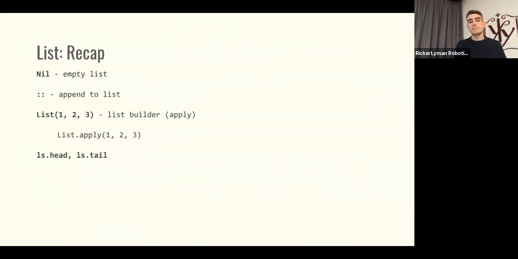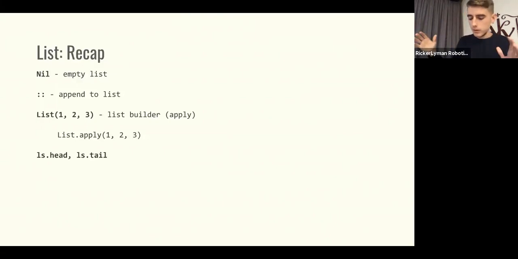And for list, just to revise what we used previous time, there is Nil for the empty list, and there is a double colon to prepend to a list. And this kind of syntax, where we have List and parentheses, is called the list builder. Under the hood, this is basically syntactic sugar, because the compiler will translate it into a call to the apply method, and apply is defined on the companion object.